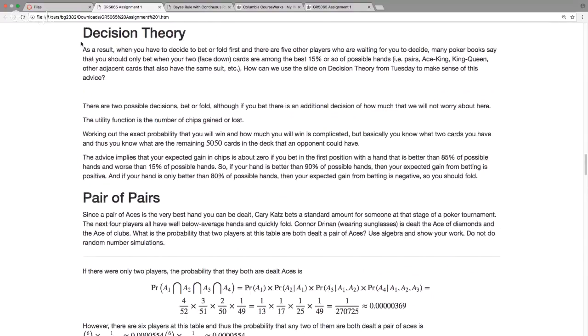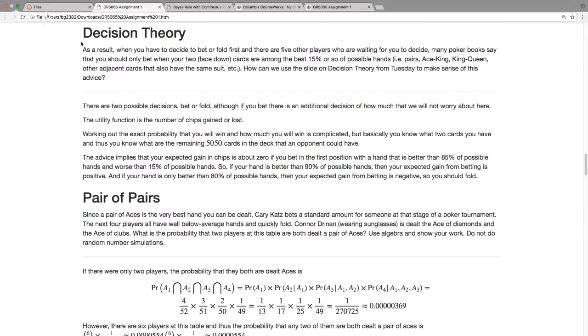This ties into the idea of decision theory. So, since all that is true, you're usually not going to be getting positive results when you have to go first, unless you have a really good hand, like best 10%, best 15%, etc. And what the idea of expected utility theory or decision theory that we talked about one of those weeks is, basically how you can interpret this is if you have the hand that's at exactly the best 15%, then your expected value for a hand like that is going to be about 0.